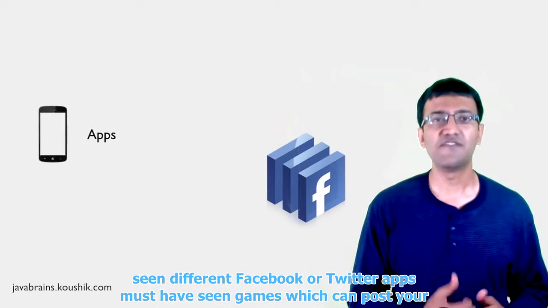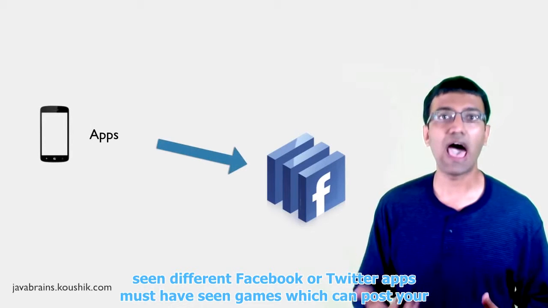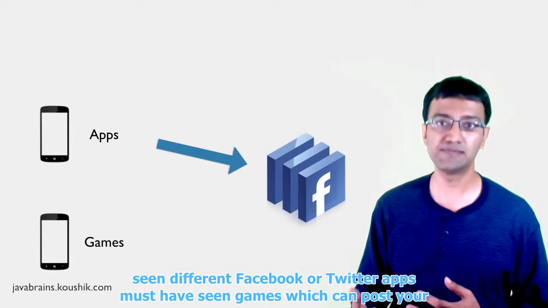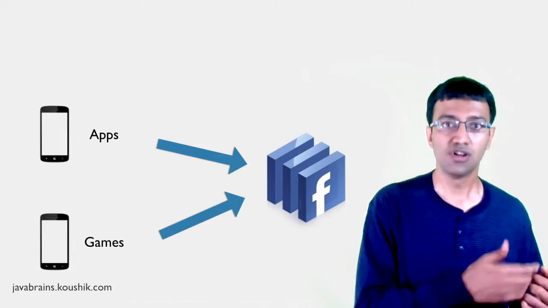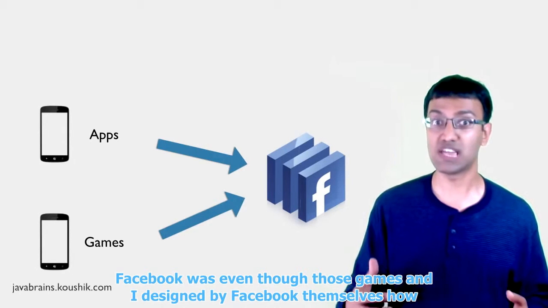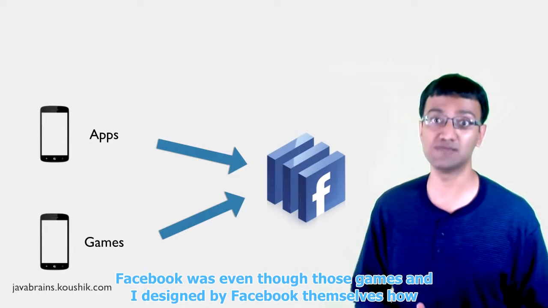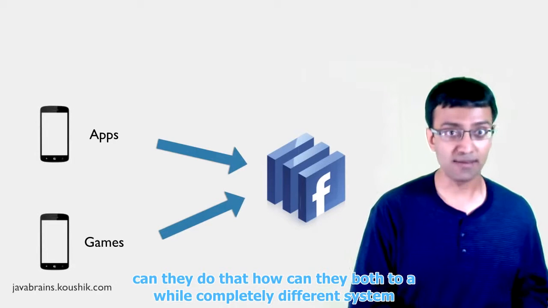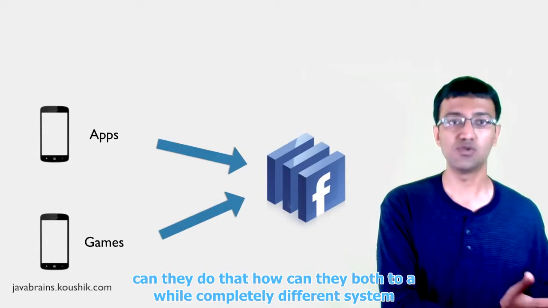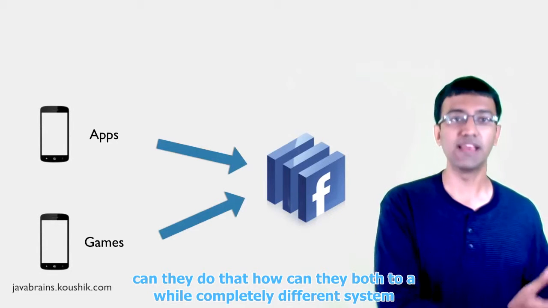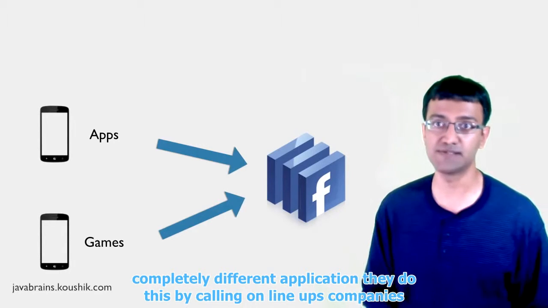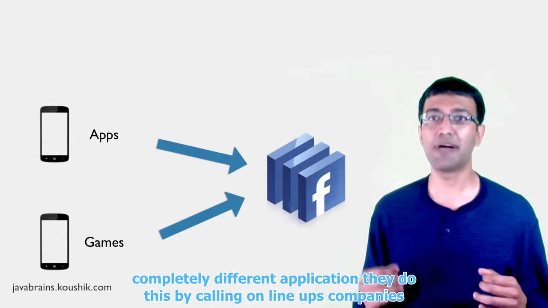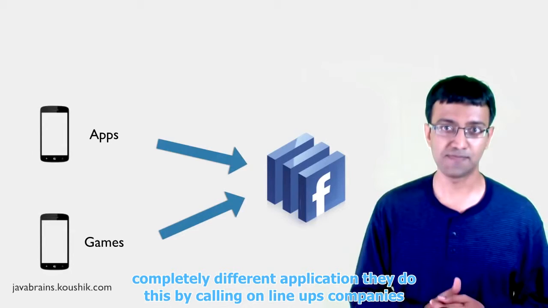You must have seen different Facebook or Twitter apps. You must have seen games which can post to your Facebook wall, even though those games are not designed by Facebook themselves. How can they do that? How can they post to a wall of a completely different system, a completely different application? They do this by calling online APIs.